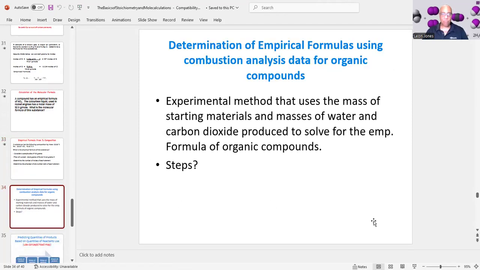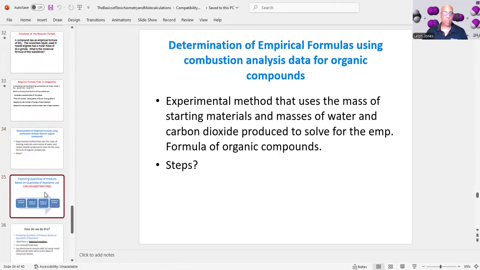Well, we move on. Determination of empirical formulas using combustion analysis data for organic compounds. Again, the experimental method uses the mass of starting materials and the masses of water and carbon dioxide produced to solve for the empirical formula of organic compounds.